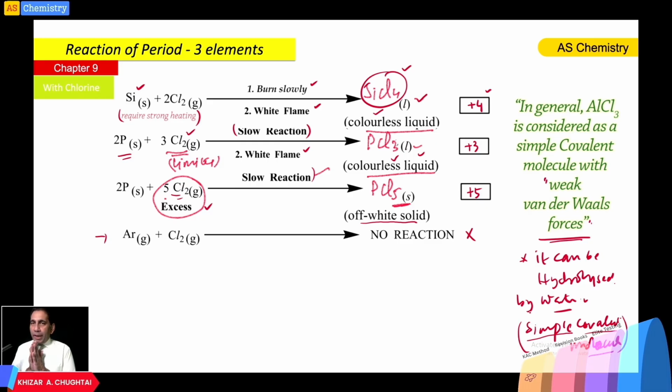So if any compound shows hydrolysis with water, it will be, number one, a covalent molecule. It will not be an ionic compound, and it will not be a macromolecule. It will be a simple covalent molecule. If it is being hydrolyzed, it is going to split into other compounds.